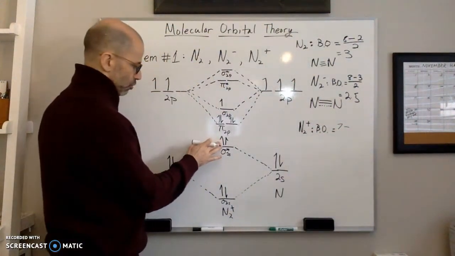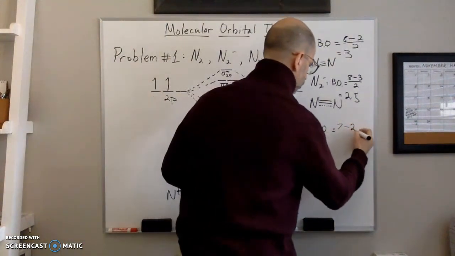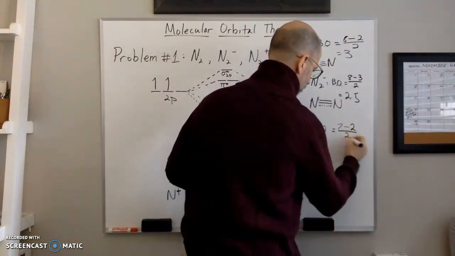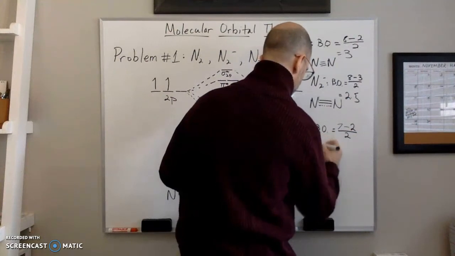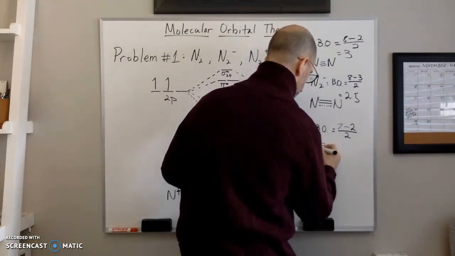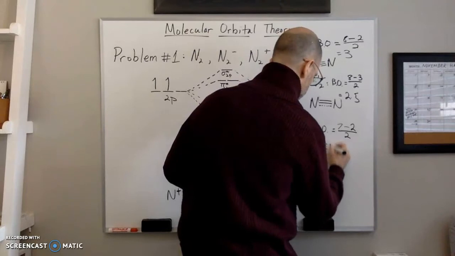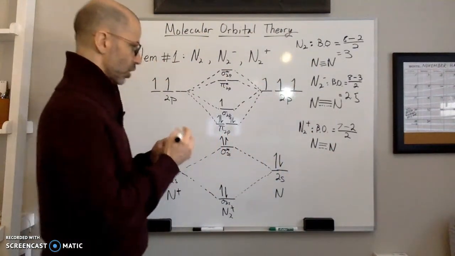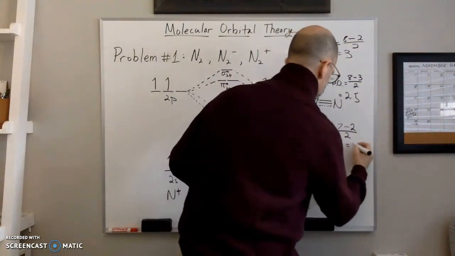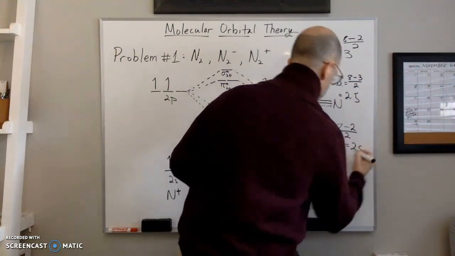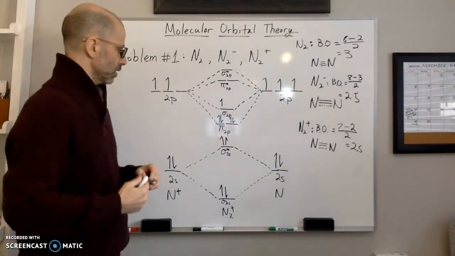minus 2 of the antibonding, and we get 5, divided by 2. That's going to be equal to 2.5. So 2.5 again.